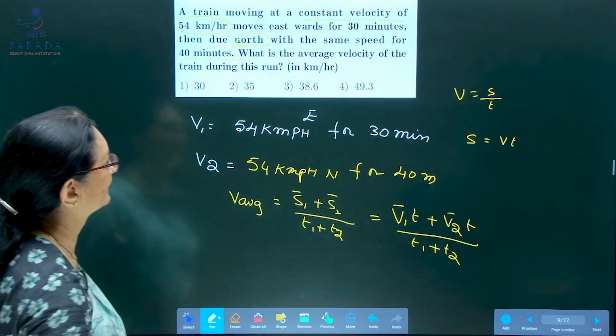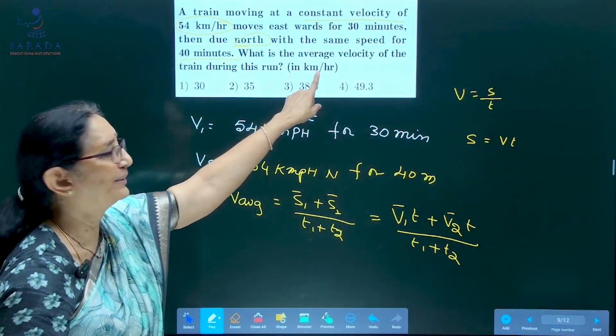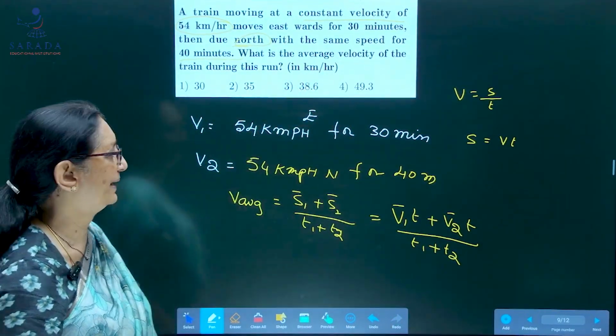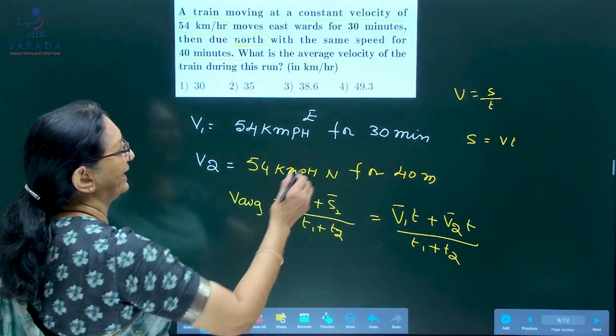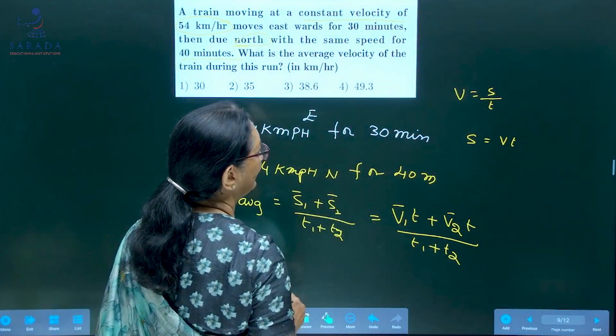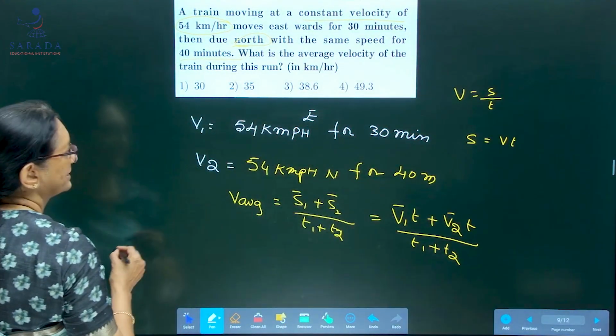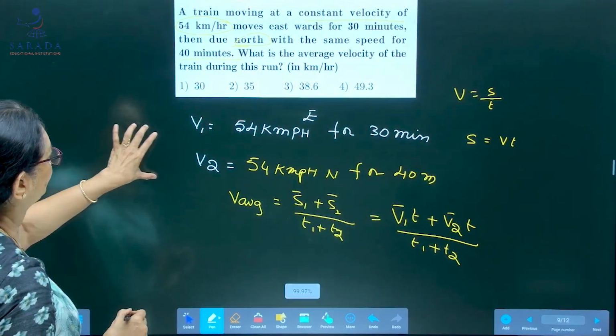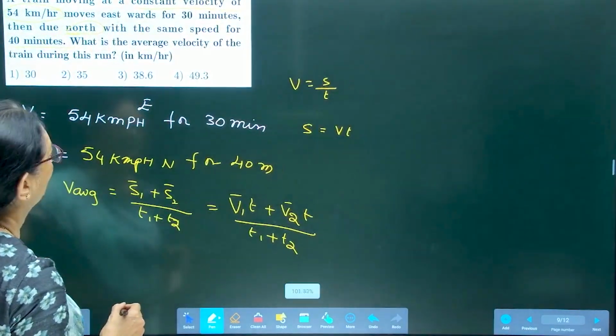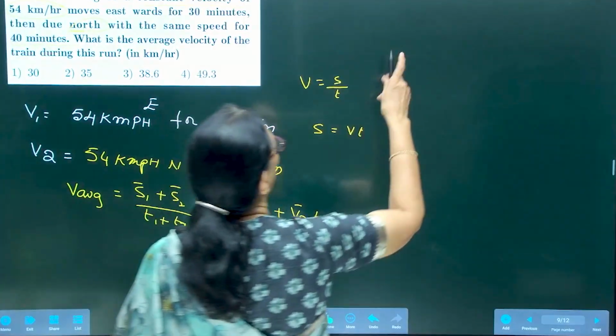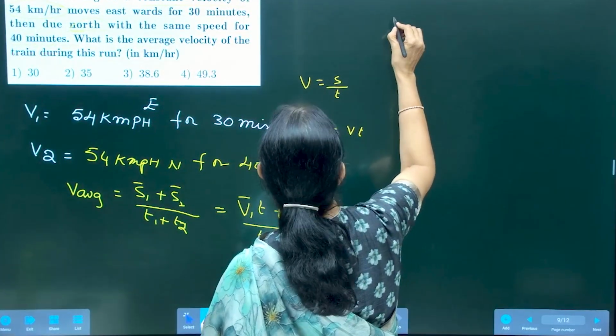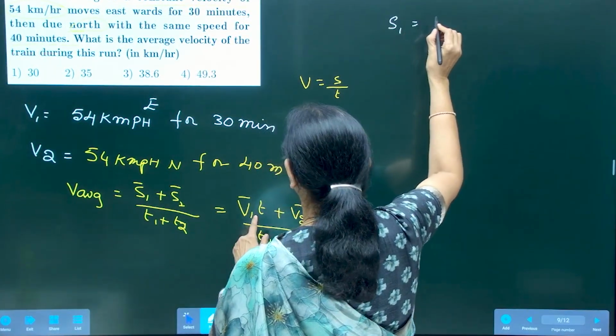Here the challenge is, the answer is given in kilometer per hour, so you have to convert the time to hours.